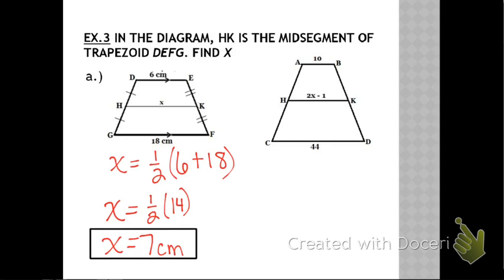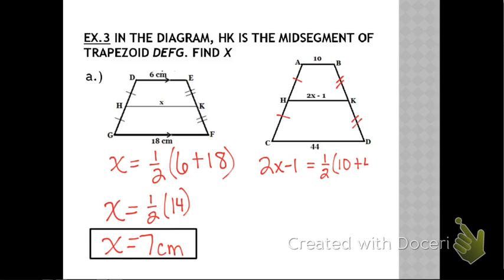Okay, same thing on this next example. HK is going to be our midsegment. I'll go ahead and mark those just to be sure that we know HK is the midsegment. So this time our midsegment is 2x minus 1. That's going to be equal to 1/2 of the sum of the bases.